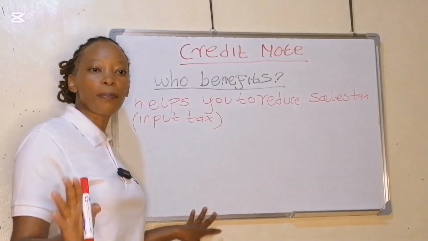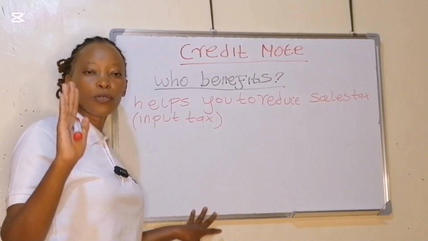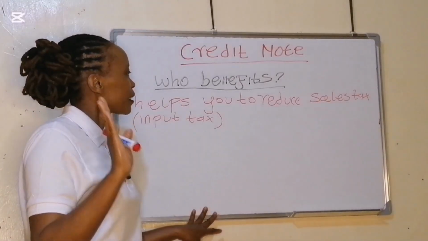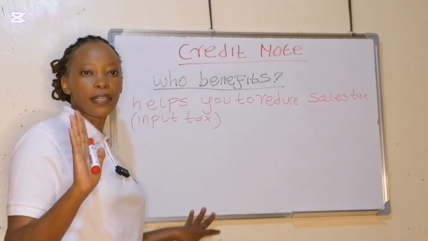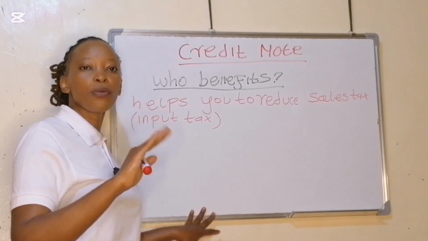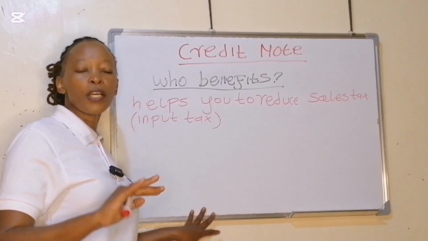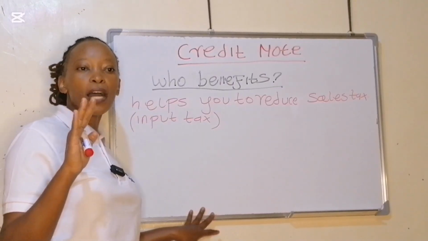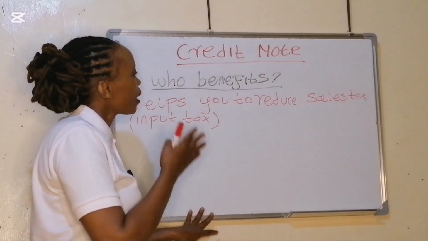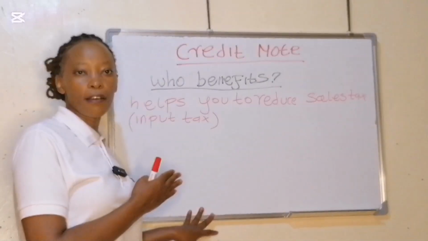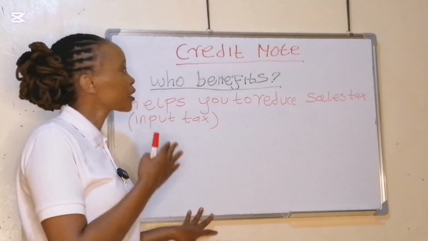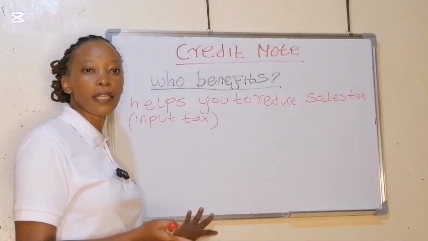I have given an example that everyone can understand. My main goal is to help you understand. And even when you are employed to do accounting, you are able to give this thing the seriousness it deserves. Some of you write a credit note and throw it away.